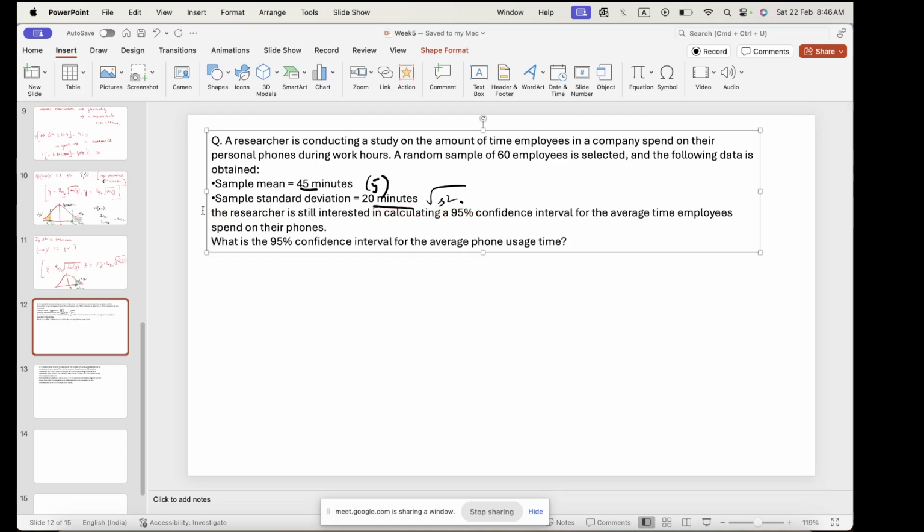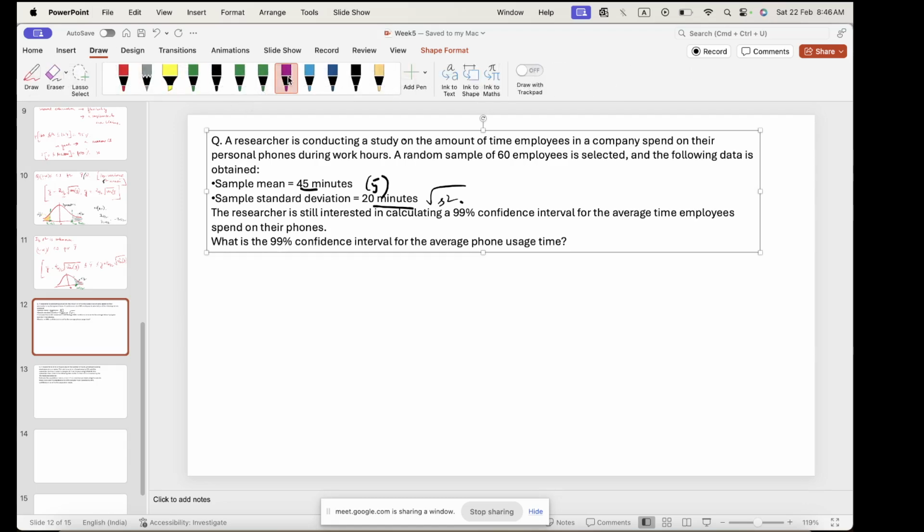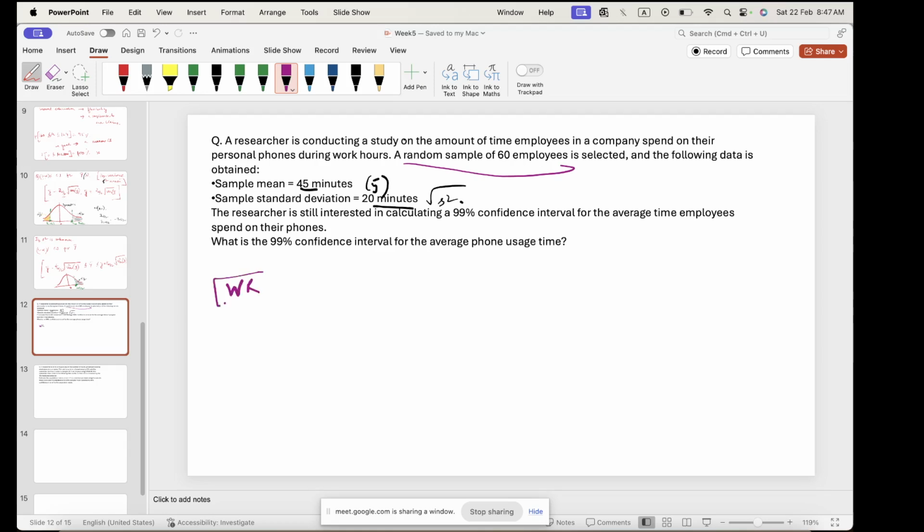The researcher, let's say, is interested in calculating, I suppose let's say I change it, I make it 99% confidence interval for the average time employees spend. Now, since I have already mentioned here that this is a random sample of 60 employees, random sample usually would mean with replacement sampling.